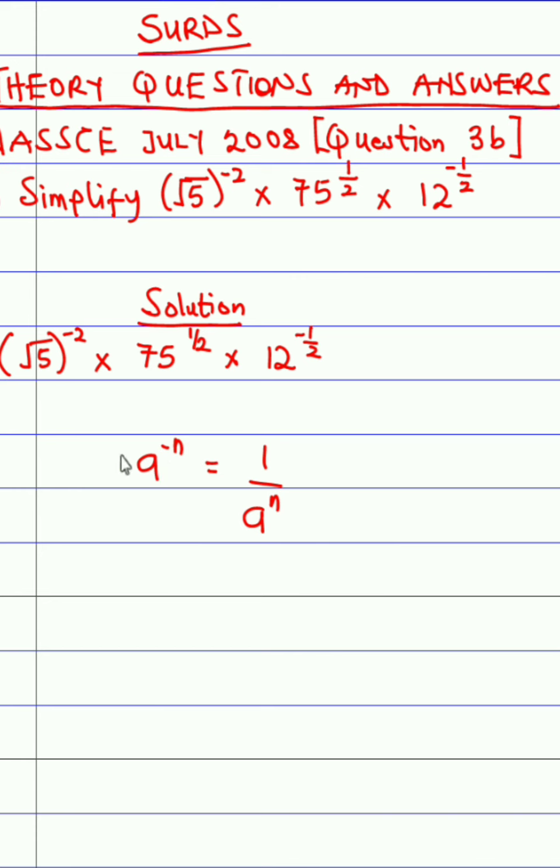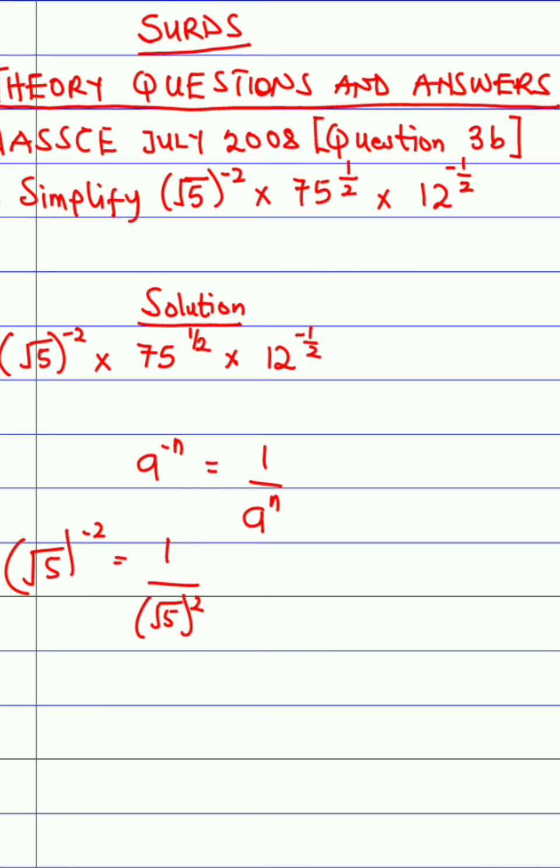So a exponent negative n is equivalent to 1 over a exponent n. Now what this means is that if we have root 5 exponent negative 2, this is the same as 1 over root 5 squared.